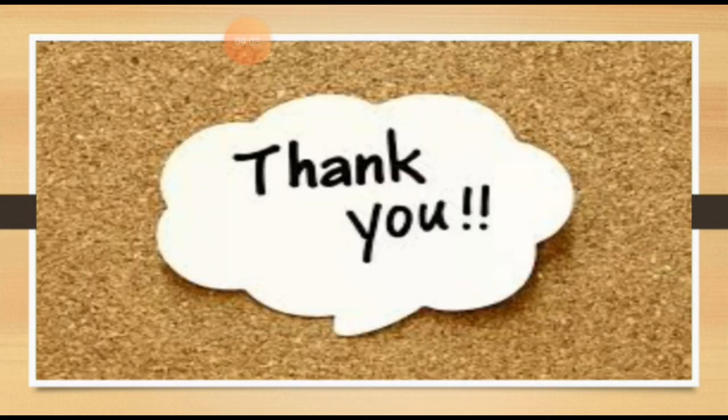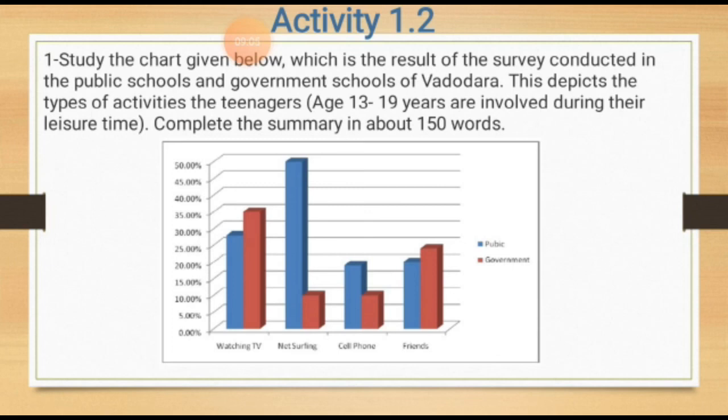Complete the summary in about 150 words. So you have to attempt this question. Just go through the graph, analyze the data, then try to interpret and explain it in your own words, and connect it to the general condition which is prevalent in society.